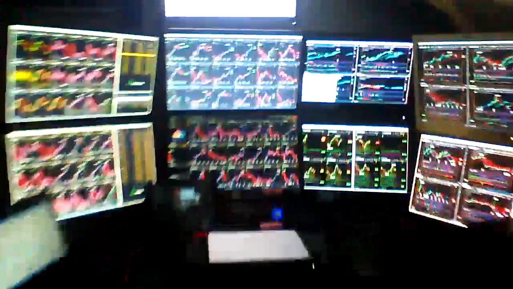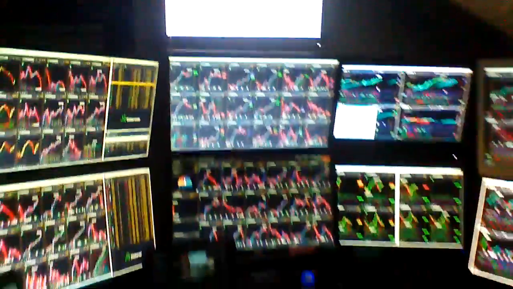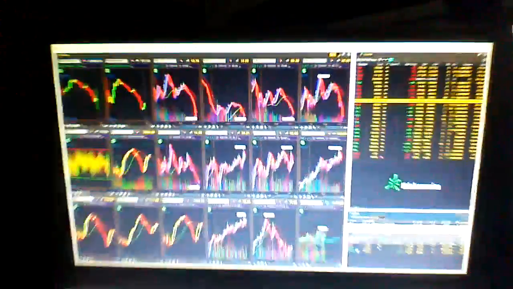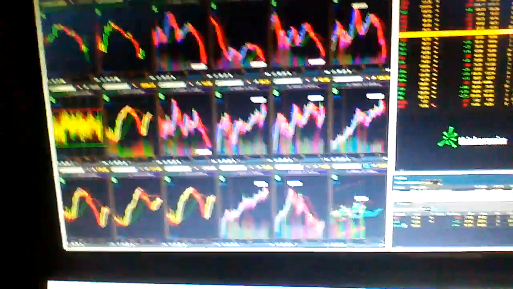All right, now we're going to take a look at D6 right here. D6 is where I do most of my trading, you could say. But sometimes I have all the other ones off and I'll just be using D6 no matter what. This top monitor right here is where most of my decisions come from about the market conditions.